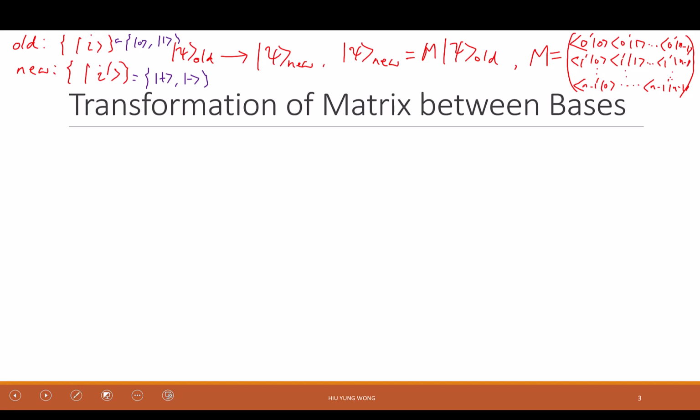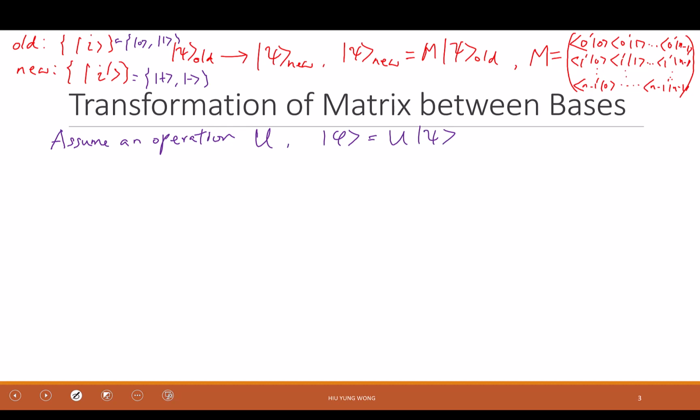So we know how to transform a vector in the old basis representation to the new basis. But how about a matrix? If I have a matrix, what do we do? That is the question of this slide. So we assume there's an operation, I call it U. What it does is the rotation of a vector to another vector.